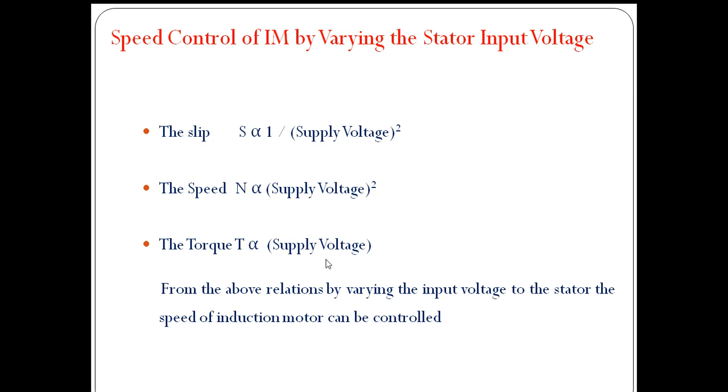From the above relations, by varying the input voltage to the stator, the speed of the induction motor can be controlled. So if we increase the input voltage, the speed of the induction motor will increase with the relation N is directly proportional to V², where V is the supply voltage applied to the induction motor.